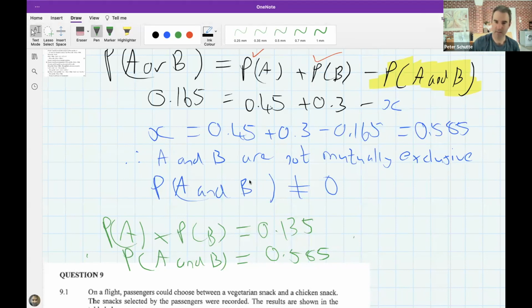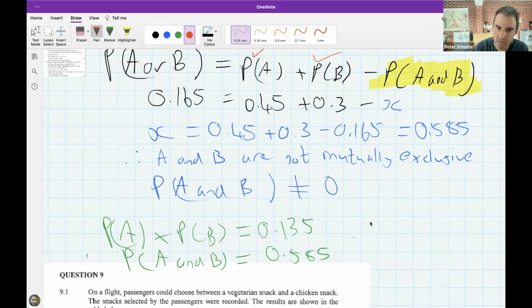So basically, we know A and B are not independent. Sorry, guys, I'm really struggling to move the cursor around. So I'm just going to say they're not independent because these two are not equal to each other.